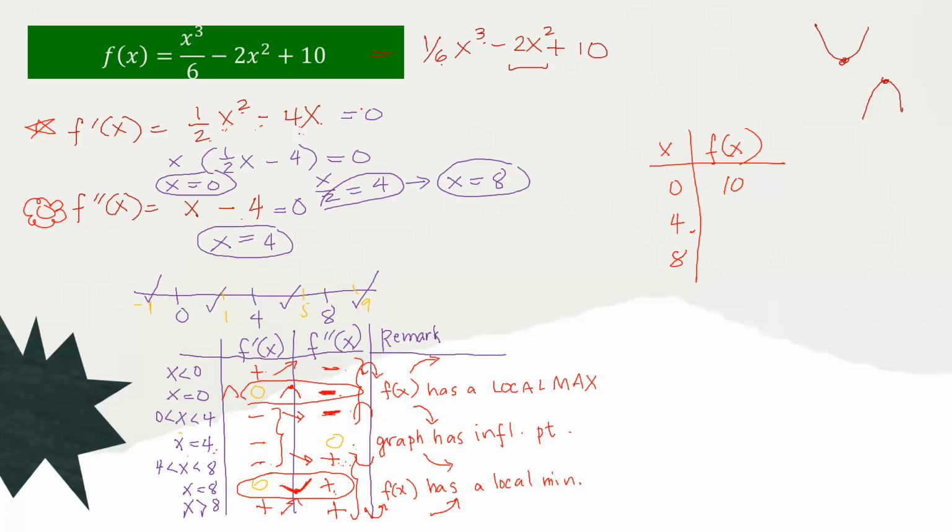When x equals 4, 4 cube over 6 minus 16 times 2 is 32 minus 32 plus 10. Yan, you can verify that the answer will be negative 34 over 3. When x equals 8, you can double check that the answer is negative 98 over 3. This is actually negative 11 and 1/3. This is actually negative 32 and 2/3.